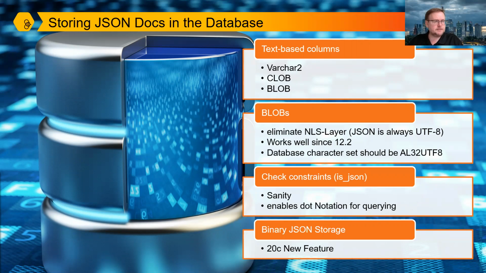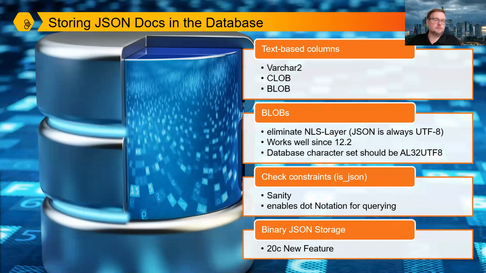This works well since Oracle 12.2 and 12.1. There were a couple of problems with that. And the important thing is that the database should be in the UTF-8 character set, AL32UTF8, to deal with those JSON documents right.